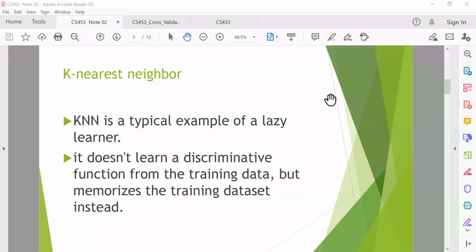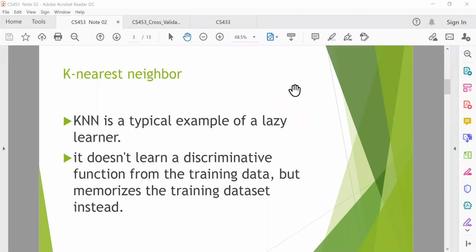Okay, and here's some brief description about K nearest neighbor. It says it's a lazy learner, and it doesn't learn a discriminative function from the training data, but memorizes the training data set.